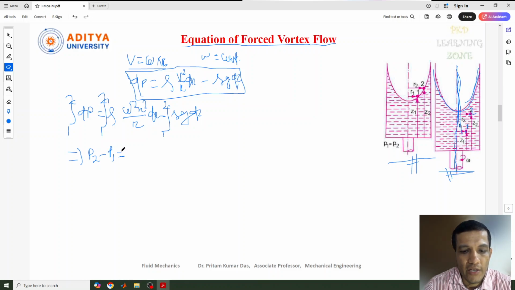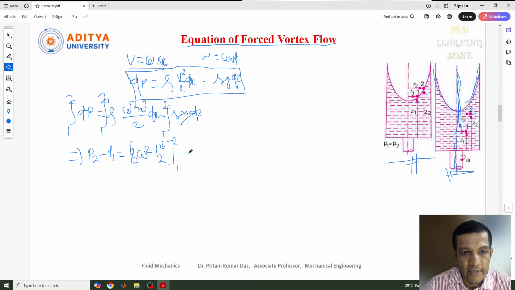Similarly, we take some terms outside: omega square and rho outside, and R square by R, so one R cancels, leaving the integral of R dr, which is R square by 2, with limits 1 to 2.